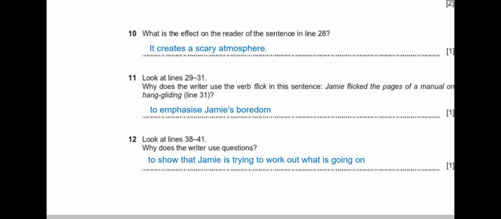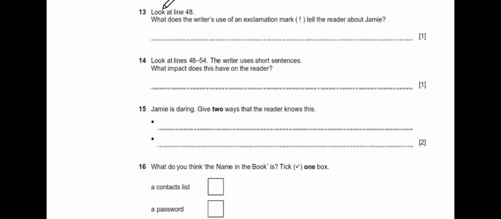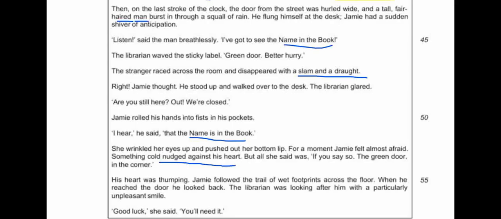Let's move on to question 13. Look at line 48. Why does the writer's use of an exclamation mark tell the reader about Jamie? So we check line 48, and 48 is this one. This is the exclamation mark. Right. Jamie thought. He stood up and walked over to the desk. The librarian read.